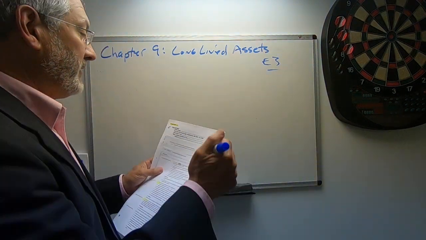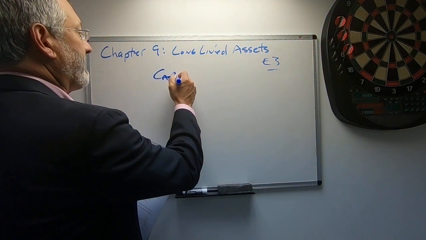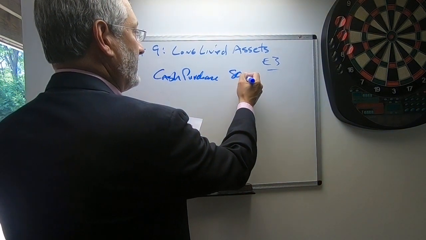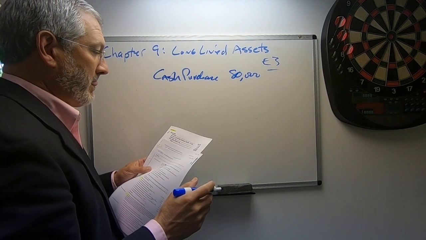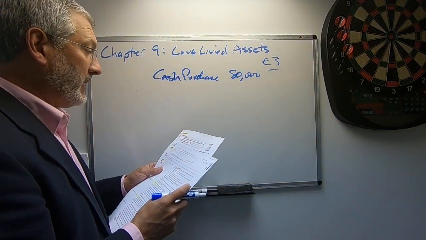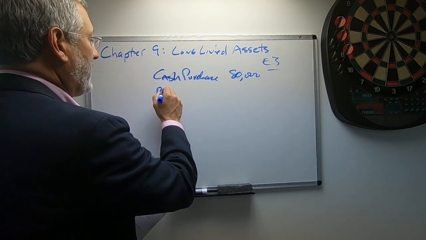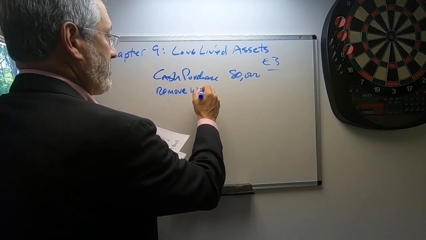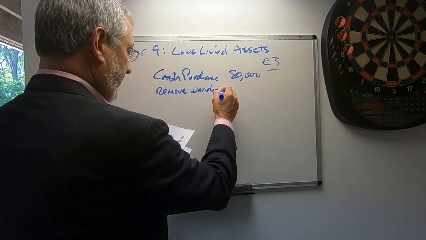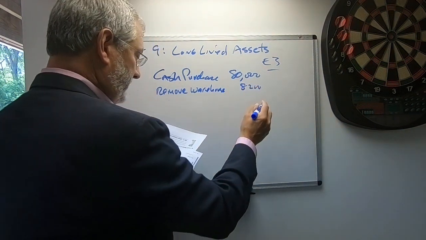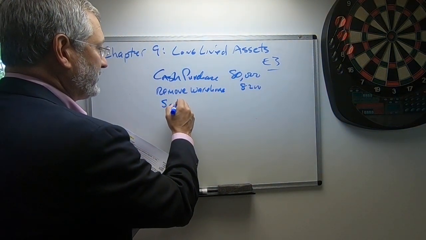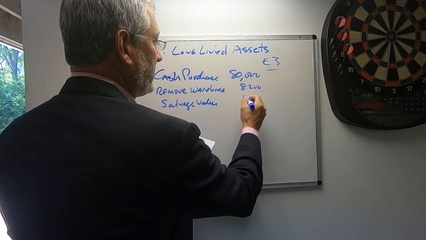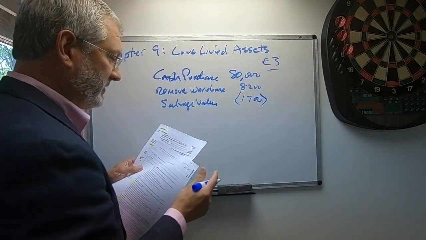So we have the cash purchase for $80,000. We have removing the warehouse that was on the land for $8,200. But they received some salvage value of $1,700, so that's going to reduce the cost.